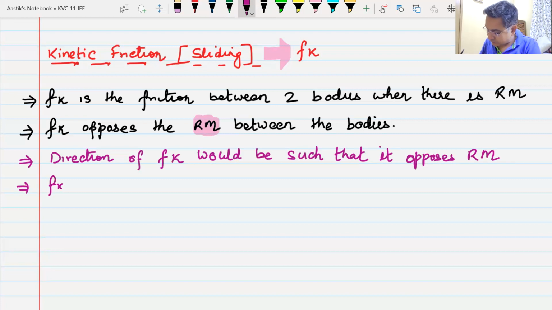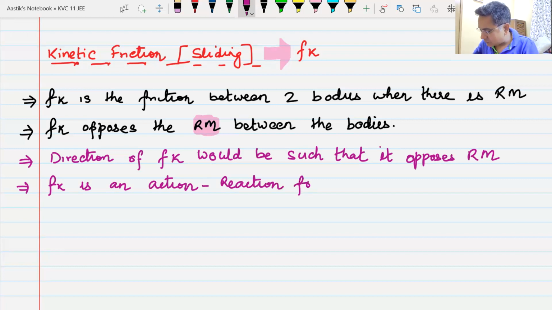Remember, Fk is an action-reaction force, so friction would be applied on both the bodies, same in magnitude but opposite in direction. Do we understand this? Yes or no?